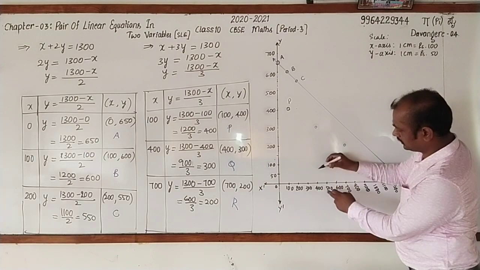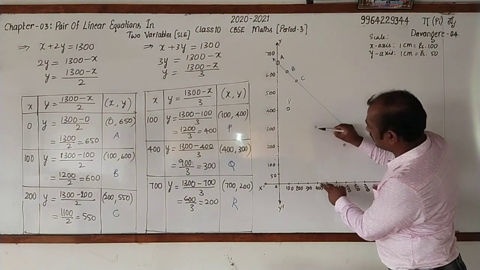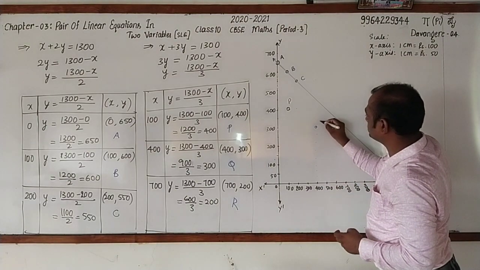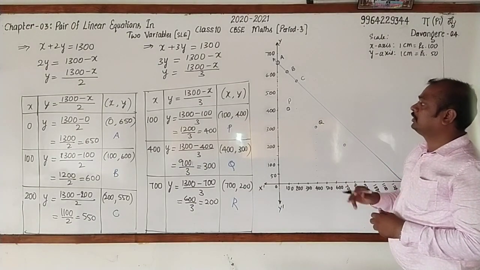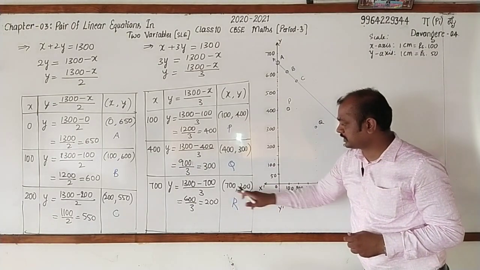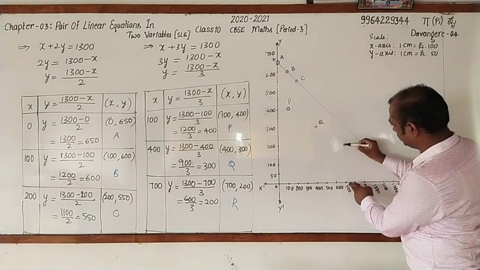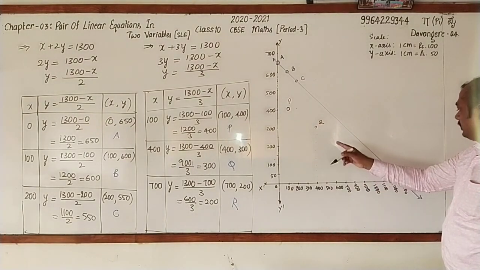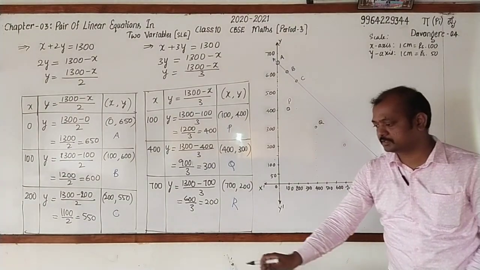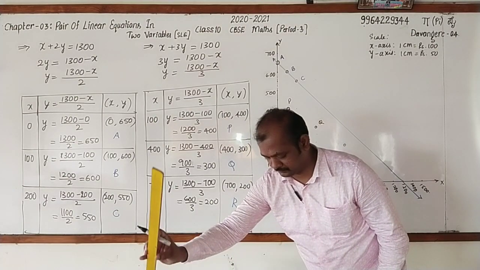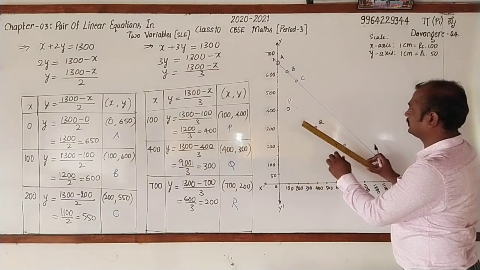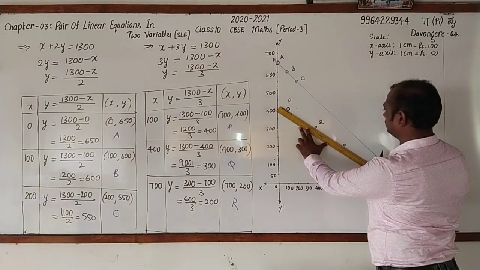That point is here. This is Q. Then when x is 700, y is 200. Now let us join these 3 points. Yes, observe. I am going to join these 3 points.